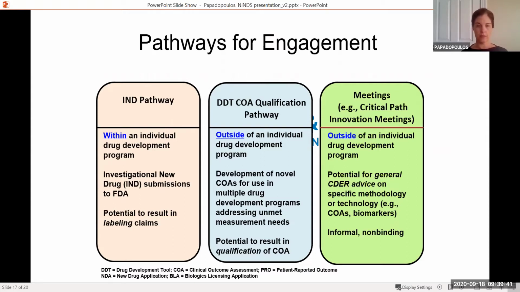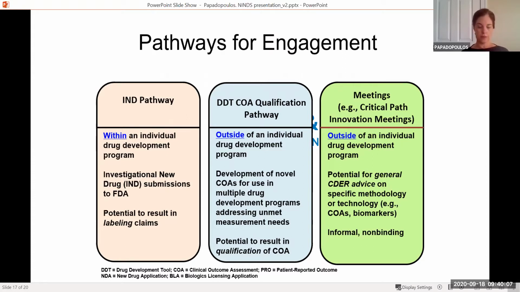The other 2 pathways I'm highlighting here are outside a particular drug development program. One is the Drug Development Tool Qualification Program, where we can work with stakeholders to create and qualify COAs, biomarkers, and other tools that meet unmet public health needs and can be used publicly across multiple drug development programs within the appropriate context of use.